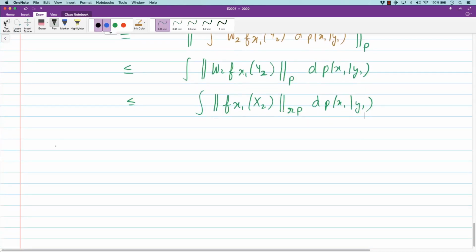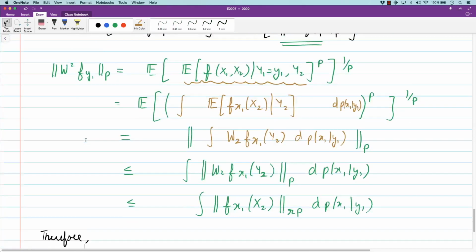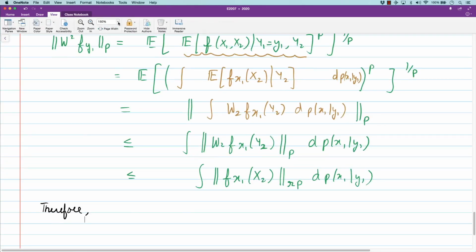So on substituting, what we get is, let's maybe zoom out to see both of them at the same time.